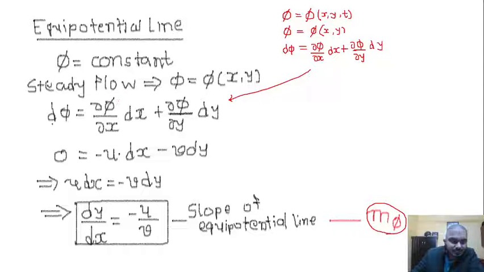That's why instead of d phi we have written 0. So instead of del phi over del x we have written u, and del phi over del y is equal to minus v. So we are getting dy by dx as minus u upon v, which is also known as the slope of the equipotential line, and it will be denoted as m phi in this case.